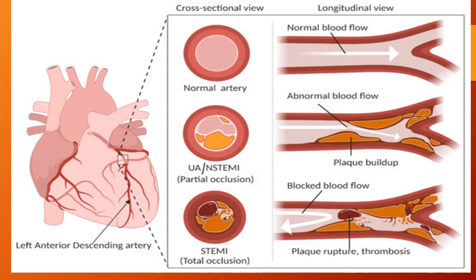Whenever there is a plaque buildup which is ruptured but has no superimposed thrombus and is not occluding the vessel completely, it will result in unstable angina and NSTEMI. However, if the ruptured plaque starts to produce a thrombus by platelet aggregation and occludes the vessel completely, then it will lead to STEMI, which is ST elevation MI.